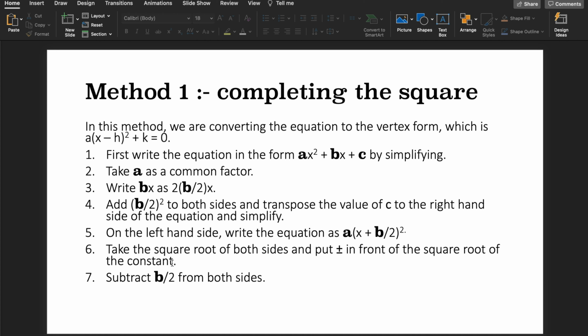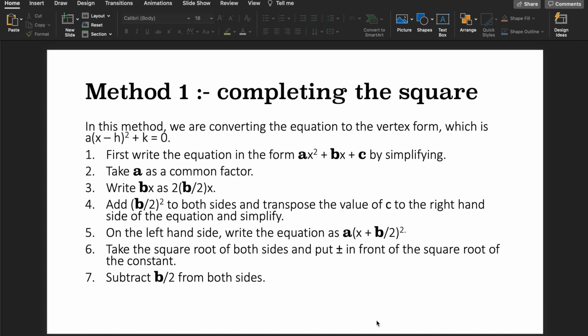The reasoning behind this step is that minus 2 whole squared is 4, and also 2 squared equals 4, so we take plus or minus the square root. And after that, we'll have to subtract b divided by 2 from both sides.